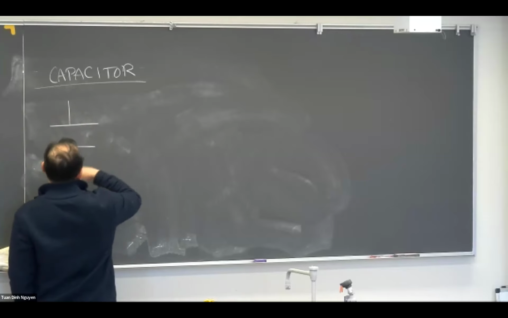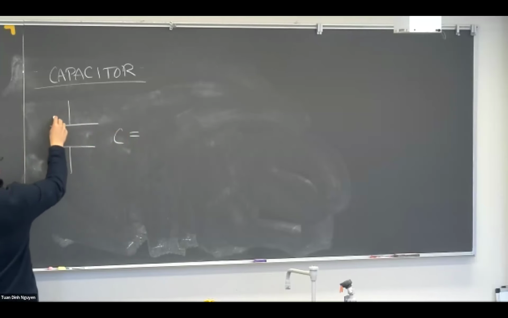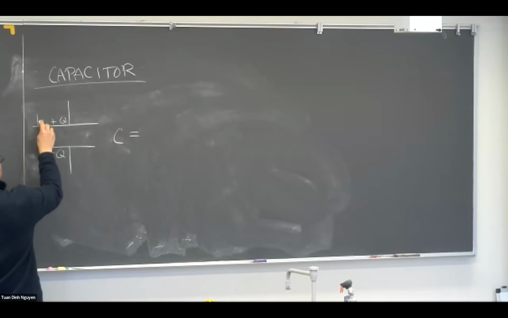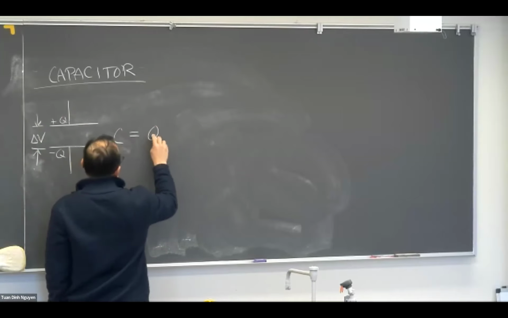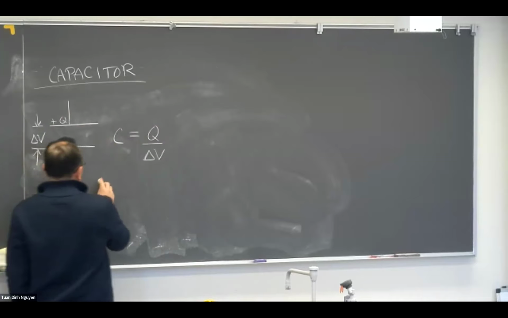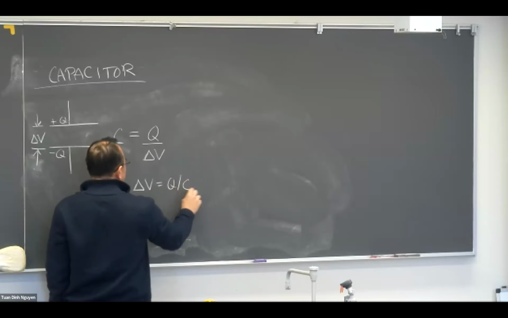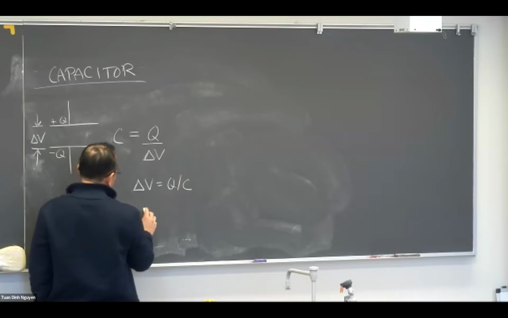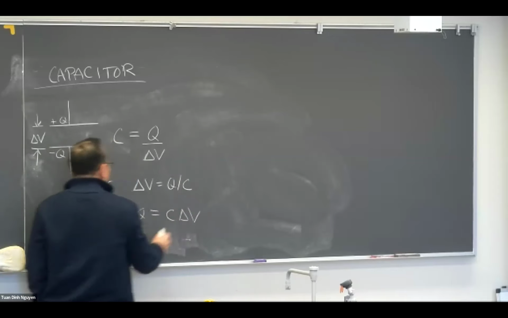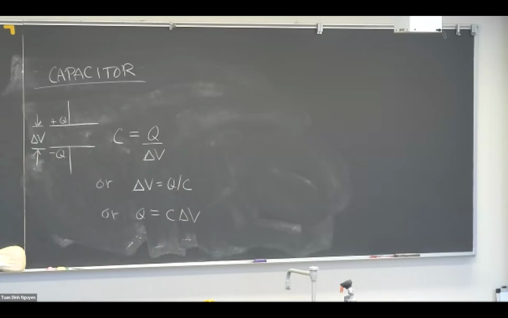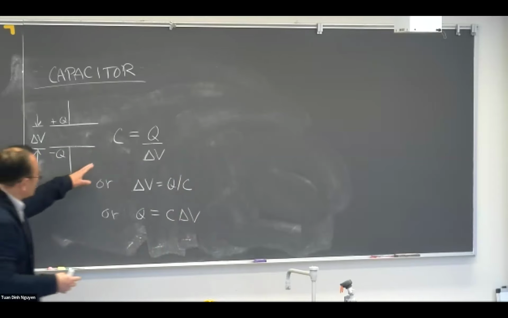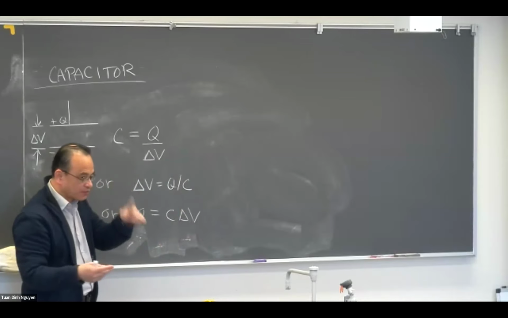So this is the symbol for a capacitor, and if you put charge plus Q on here, then an equal amount of charge will be on the other side, and it will give you a potential difference of delta V, so that C equals Q over delta V. Or you can solve for delta V, that would be Q over C, or Q would be C times delta V. Okay, so when we're doing circuit analysis, depending on what we're being asked for, we could be using any one of them, which is really just one formula.